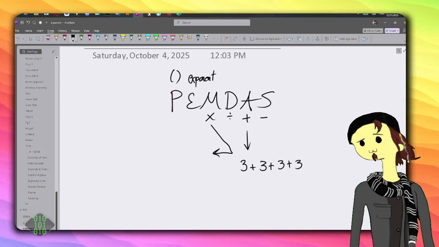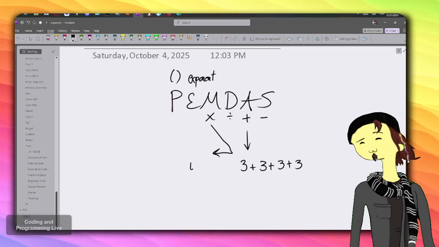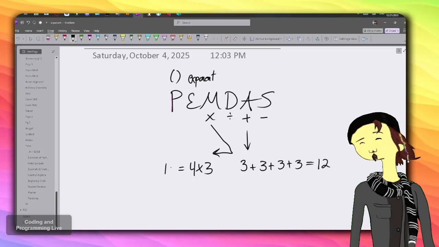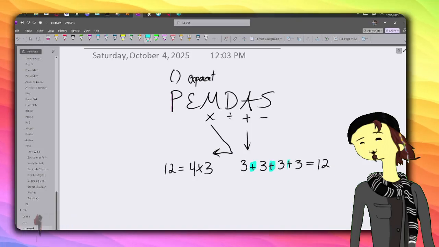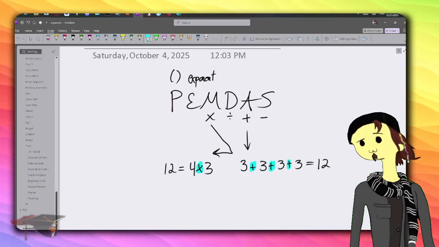Well, we will shorthand it to saying I have four copies of the number 3. So what is 3 plus 3 plus 3 plus 3? It's 12. What's 4 times 3? It's 12. We'll notice the pattern. Addition can be condensed into a shortcut of multiplication.